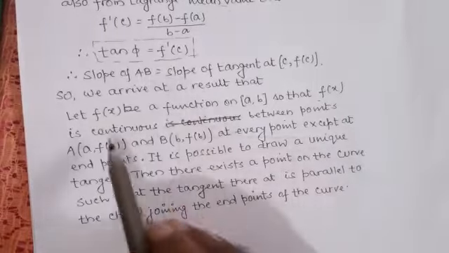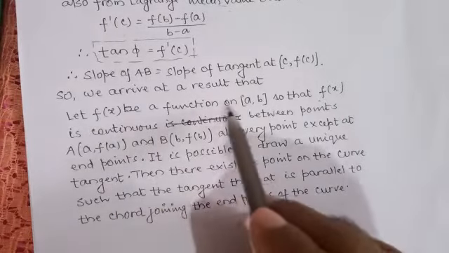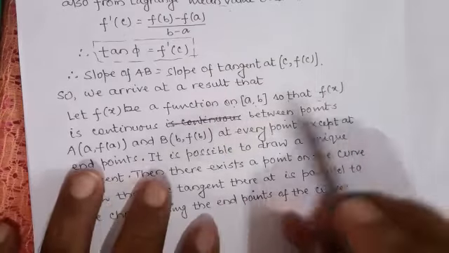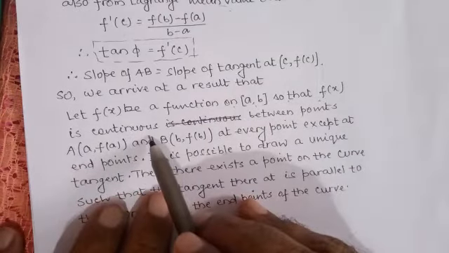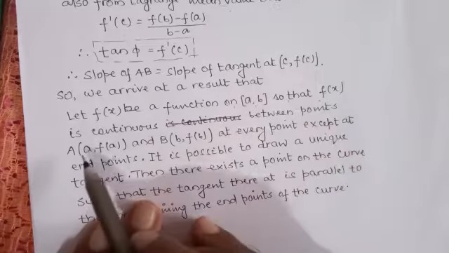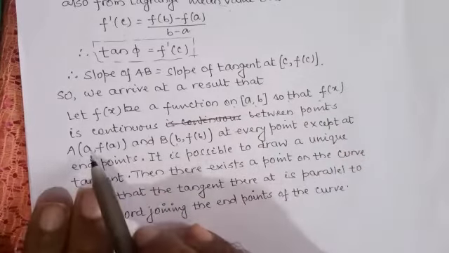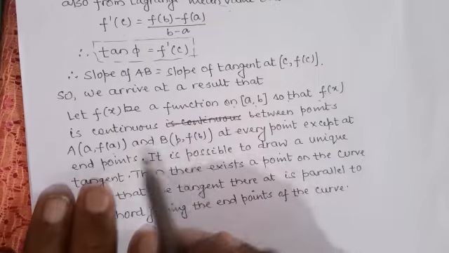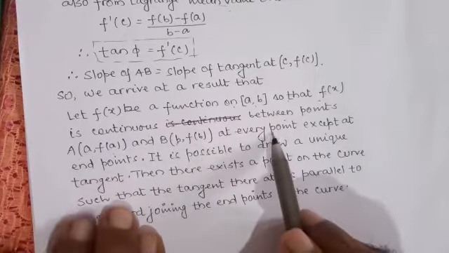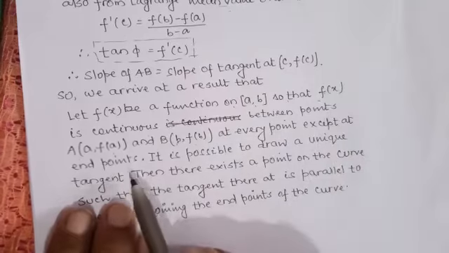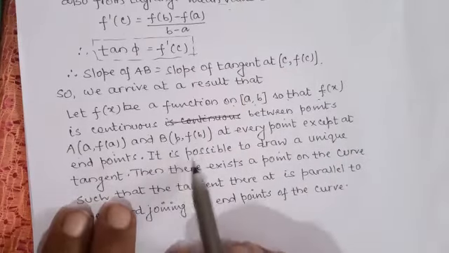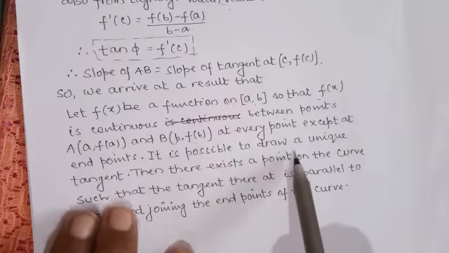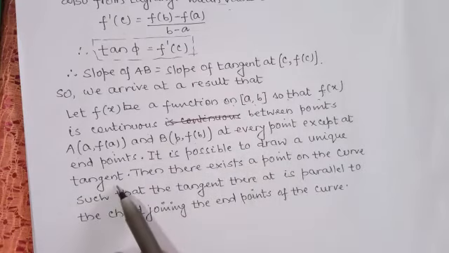Here we arrive at a result. Let f(x) be a function on AB such that f(x) is continuous between the points A and B, where A, f(a) and B, f(b) are the coordinates. At every point except the endpoints, it is possible to draw a unique tangent.